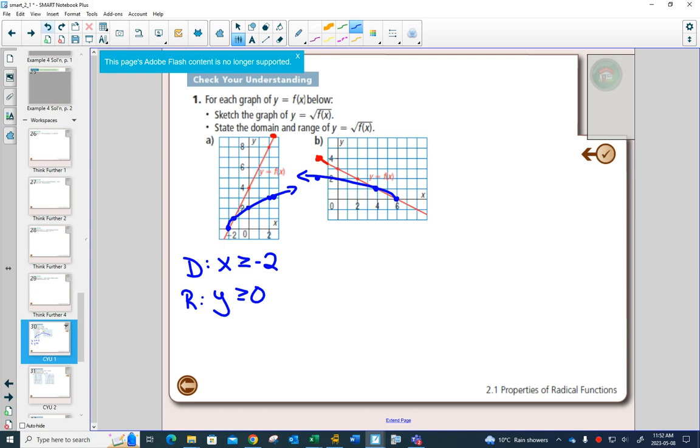We never draw an arrow on the right-hand side here, because your red graph is going negative, and you can't square root a negative. So 0 is where it starts. There would be an arrow on the other side, because the red graph keeps going. Domain of this one, x is less than or equal to 6, and the range, y is bigger than or equal to 0.